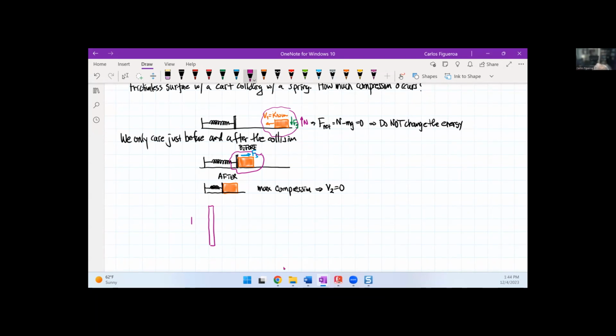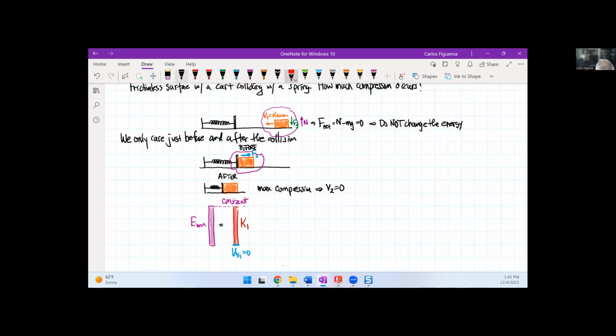And this total energy, because the only force is the spring force here, has to be a constant. Right before it collides, there's no spring interaction. So right before, all of this energy has to be in the form of kinetic energy, where the spring potential energy at 1 is 0.